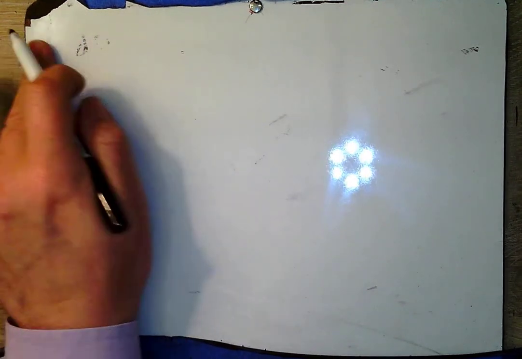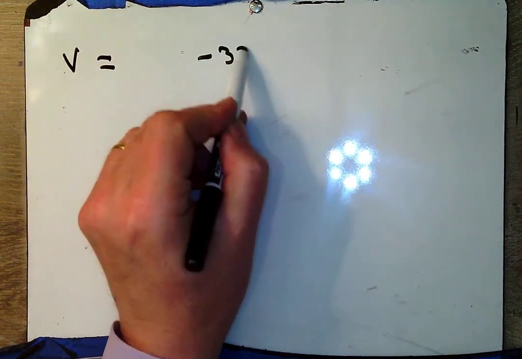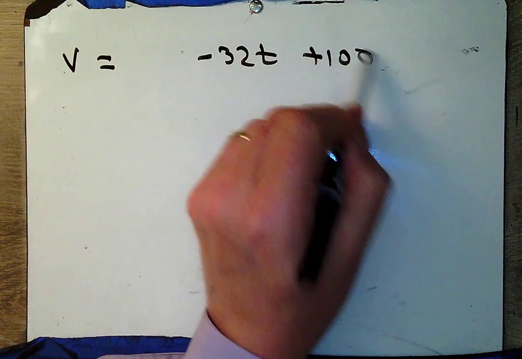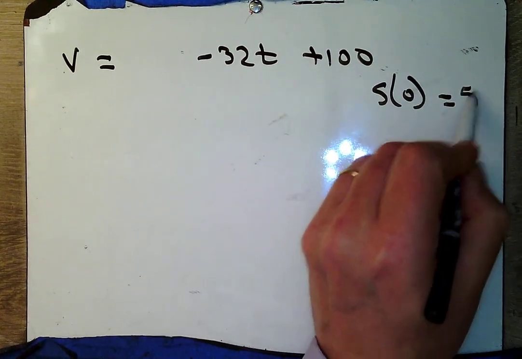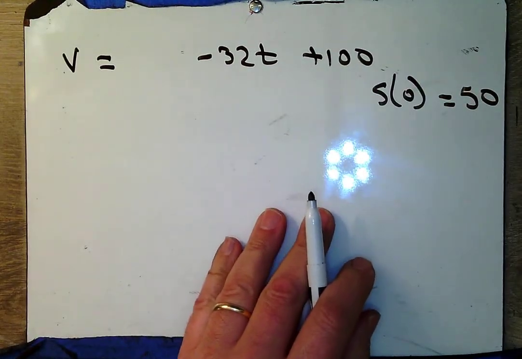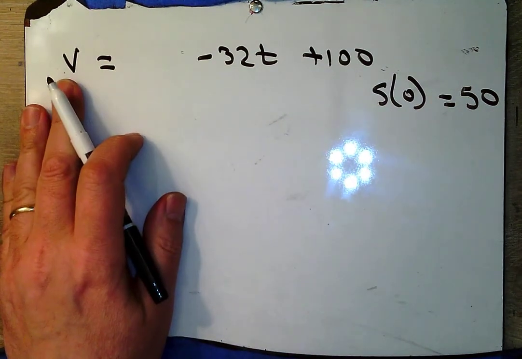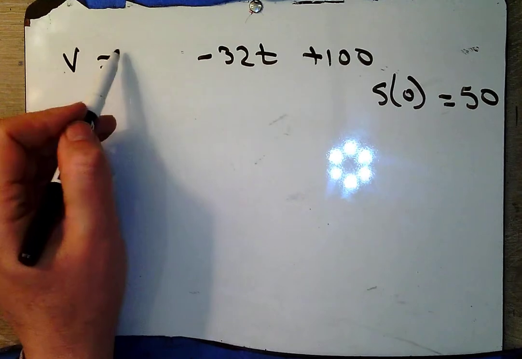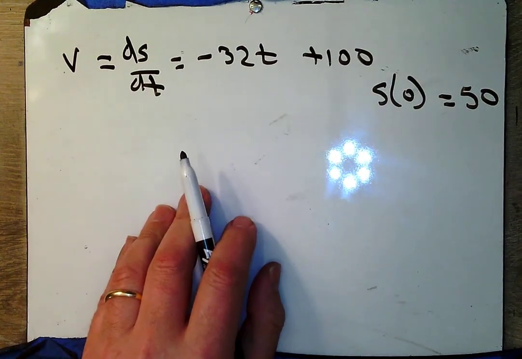All right, how about this one? How about knowing that v is negative 32t plus 100, and we know that s sub 0 equals 50. All right, now how does this help me? Well, I've got to remember from last semester that v is the same as ds dt. No, really, it is.